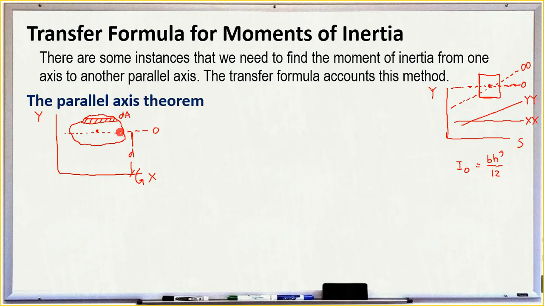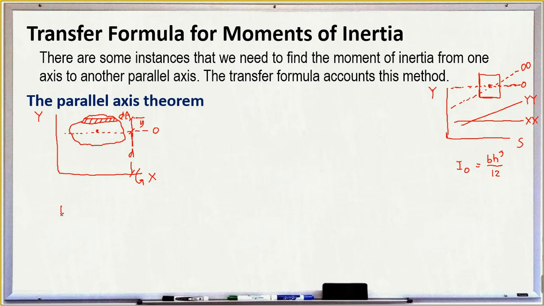The distance of this rectangular strip with respect to the centroidal axis, we label as y. Now, applying the general formula for the moment of inertia.